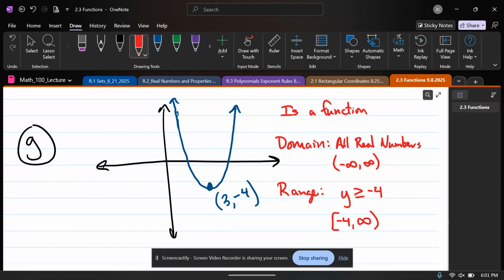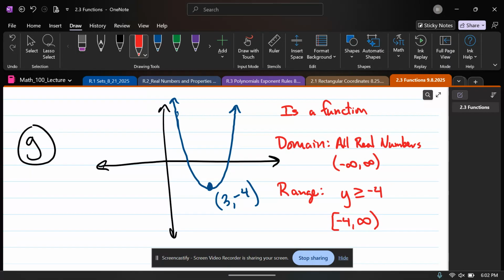That's why we're going to positive infinity. So our lowest point on the y part is -4, and then it's going up from there. So that's from -4 to infinity, or you could say y is greater than or equal to -4. Those two things say the same thing about the range.